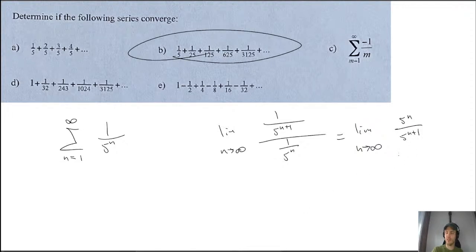We cancel the 5 to the n's, and we get the limit as n approaches infinity of 1 over 5, right? Yeah, which is 1/5. So this is less than 1, which means it converges.